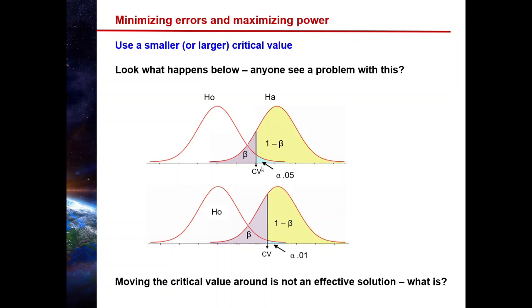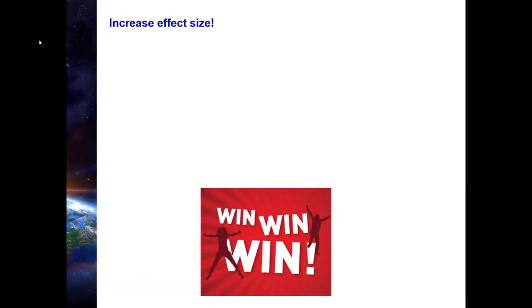In other words, maximize power. And the answer is yes. All you have to do is increase your effect size. And this will give you a win-win-win situation. In other words, it will minimize the probability of both errors simultaneously, as well as increase the probability of correctly rejecting H0. In other words, maximize power.